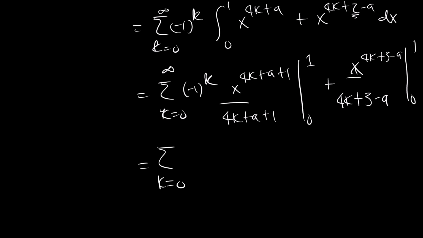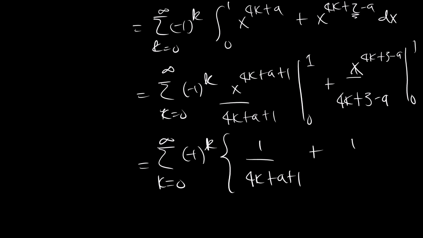So this is the sum from 0 to infinity, negative 1 to the k, of 1 over 4k plus a plus 1 plus 1 over 4k plus 3 minus a. Okay, so we're making quite significant progress here.